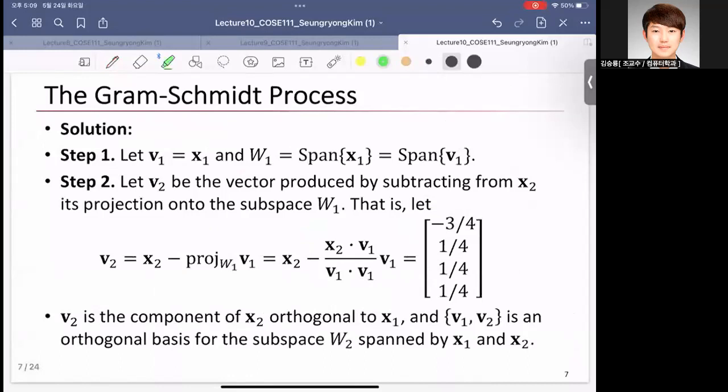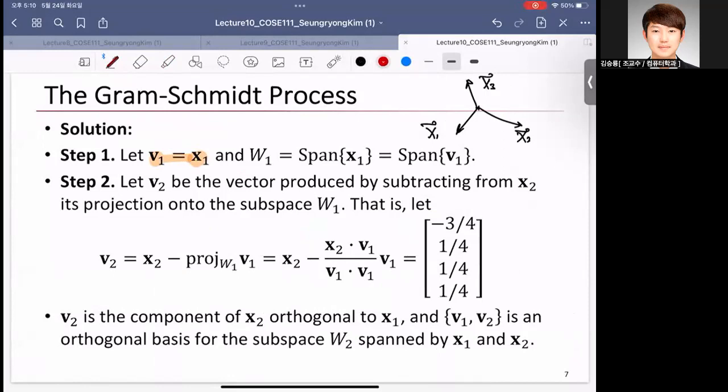Let's do that. So first of all, in step 1, let's assume that v1 is equal to x1. Let me draw first. Let's suppose that we have 3 arbitrary vectors, x1, x2, and x3.